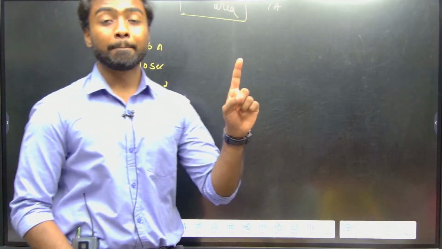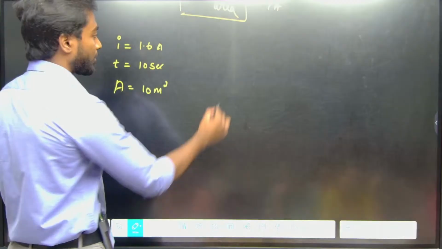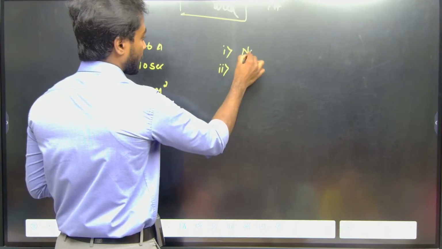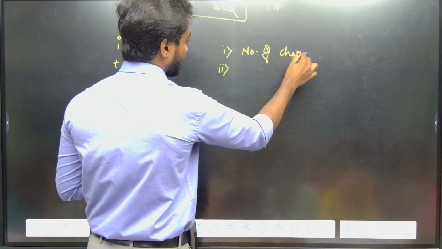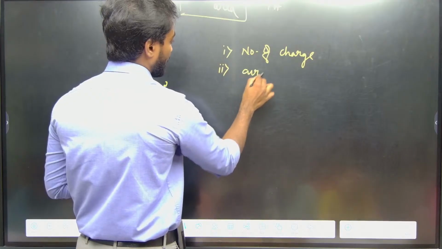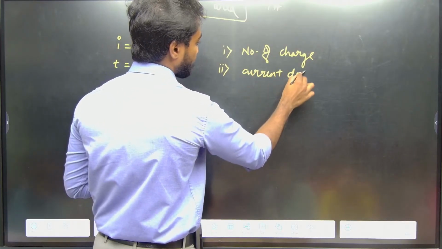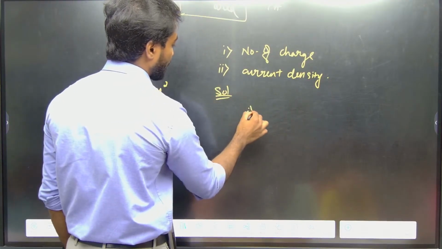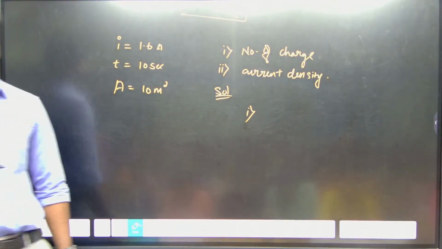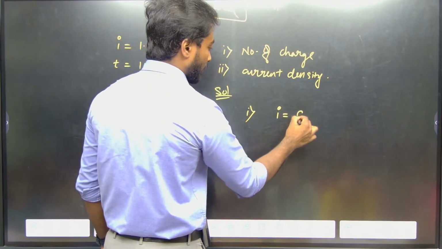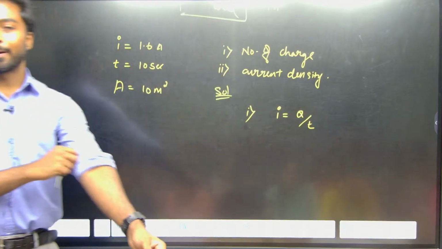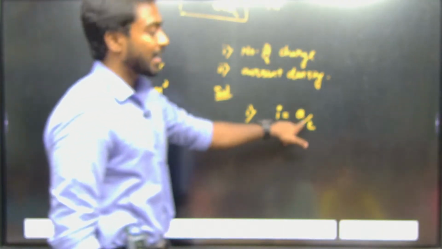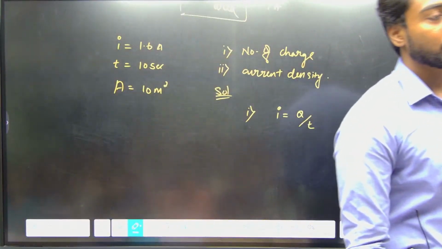To find the number of charge, and then the second question is current density. So when I talk about the solution, what is the formula for the current? I is equal to Q by T. So current and time they have given. It is charge. What is the formula for Q?